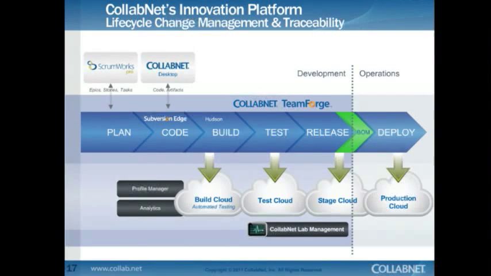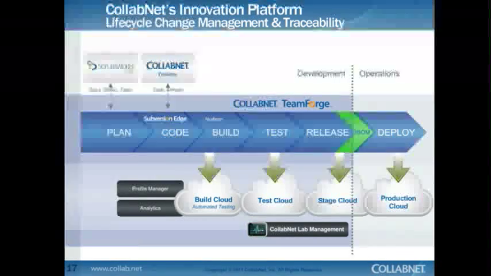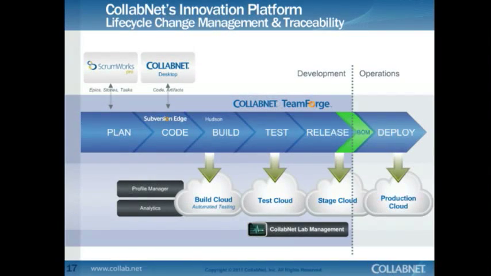So we have this concept of elastic provisioning that allows teams to utilize new build and test servers as needed, controlled by a central pool of servers and automatically accessed by the continuous integration environment. We're going to extend that same concept out through to deployment as well, so that you can deploy to a private or public cloud as needed.